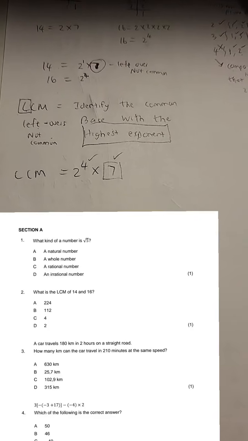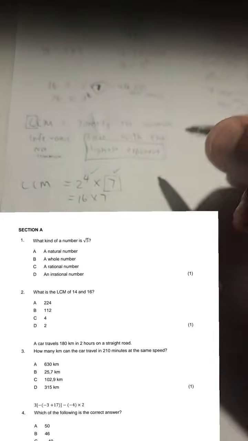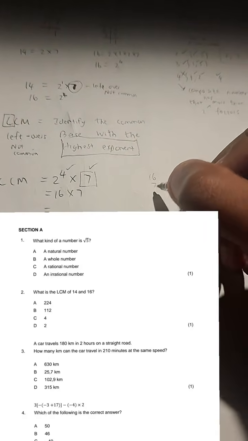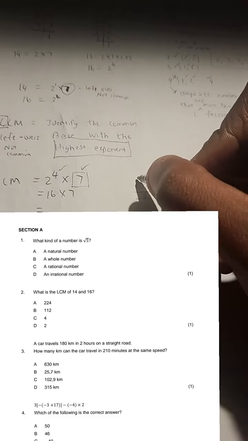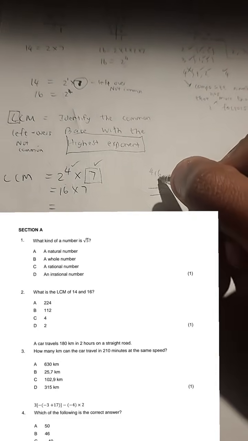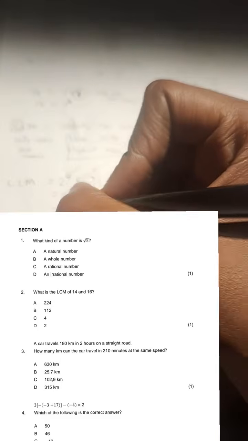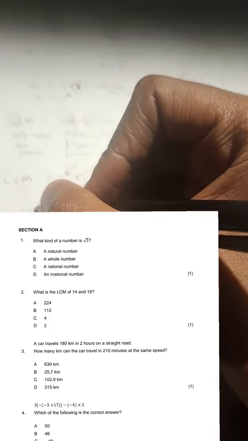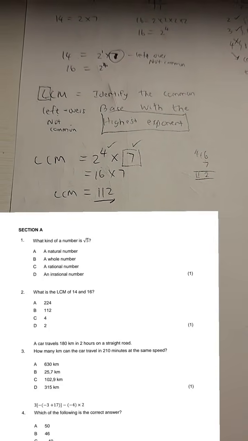What does that give us? 6 times 7 is 42. 7 times 1 is 7 plus 4 is 11. So it's 112. That is the LCM. If you use your calculator, you'll get the same answer, 112.